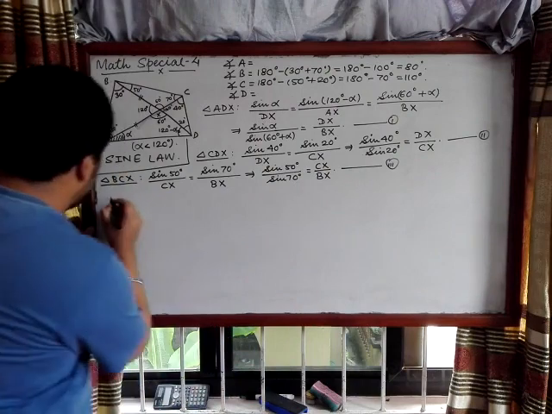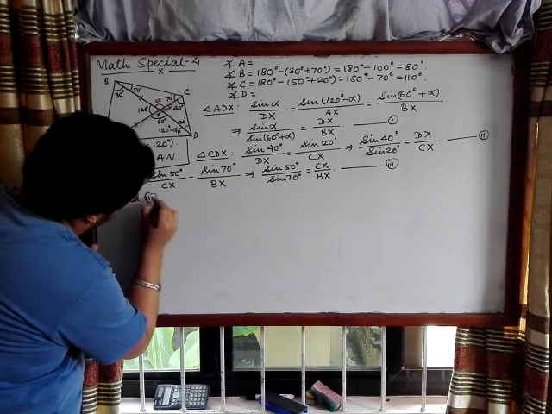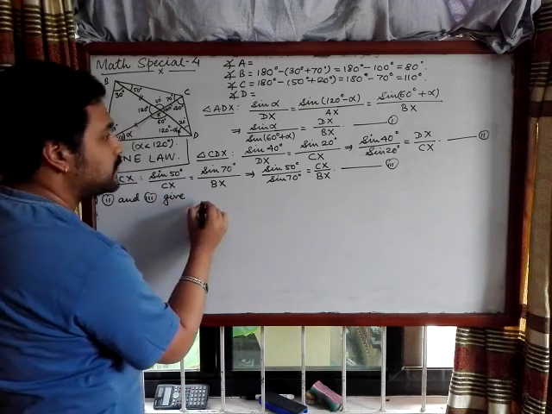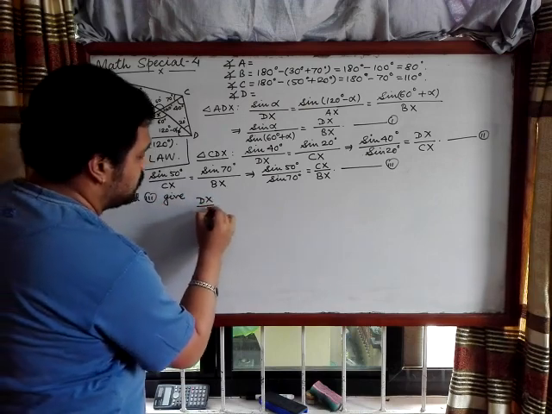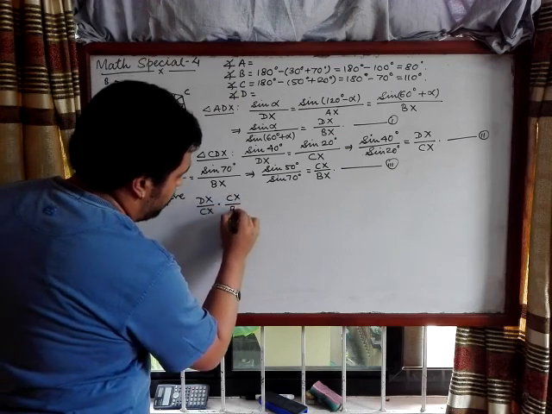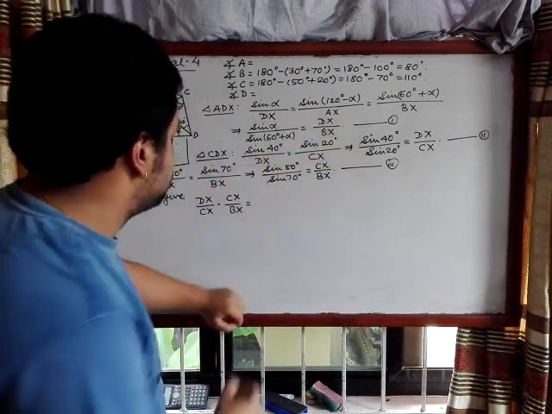Then from 2 and 3, what we get? DX by CX times CX by BX is equal to this times this. Okay?